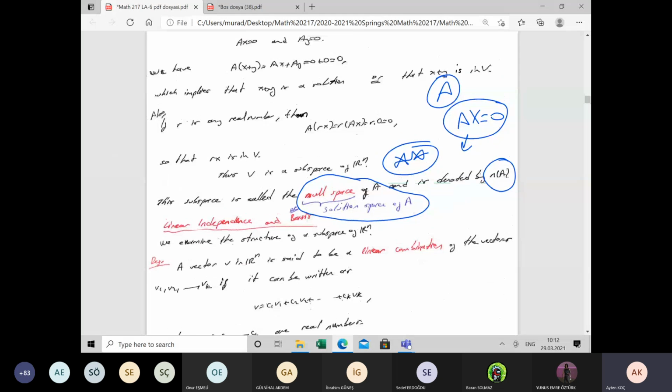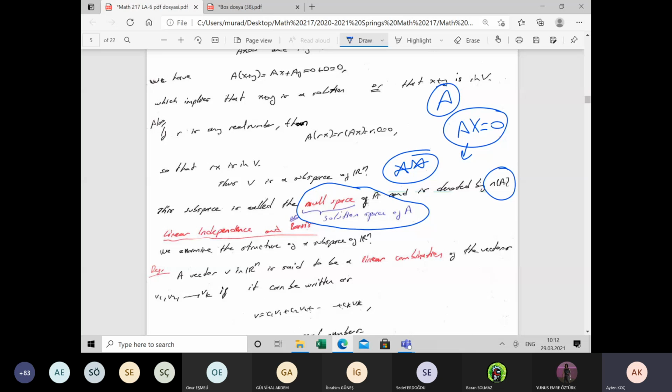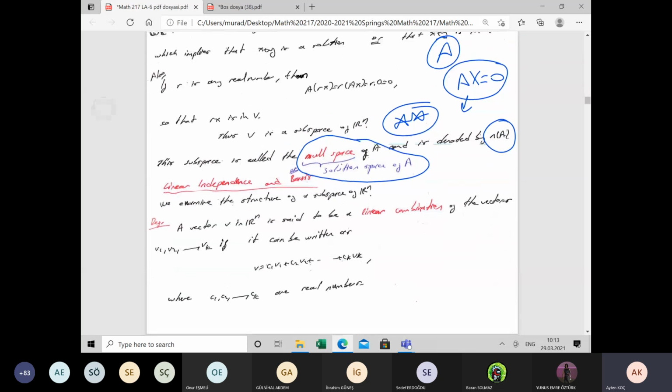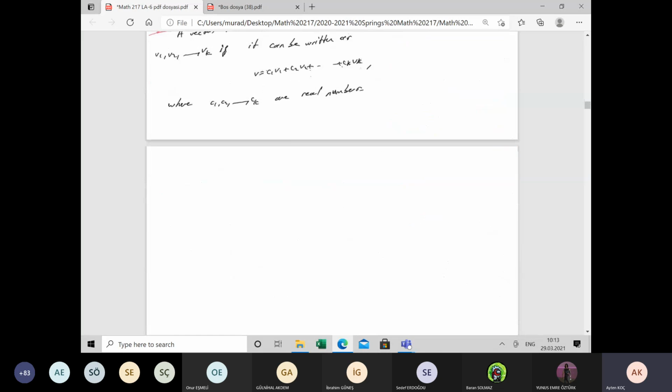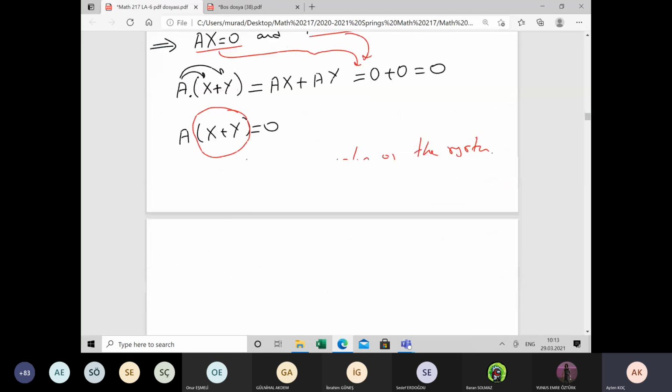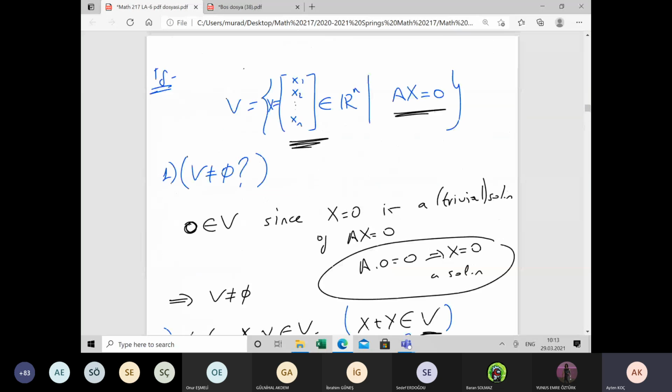No question. Let's stop here because there is not enough time. We will give the linearly independent and dependent vectors. First of all, we have to give the definition of linear combination, and we'll give some examples in the next lecture.